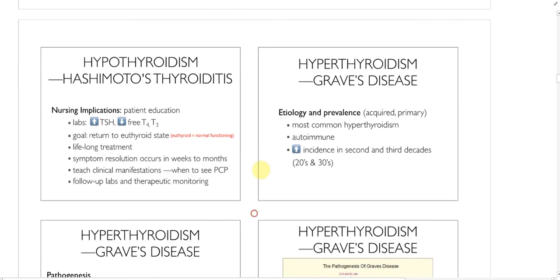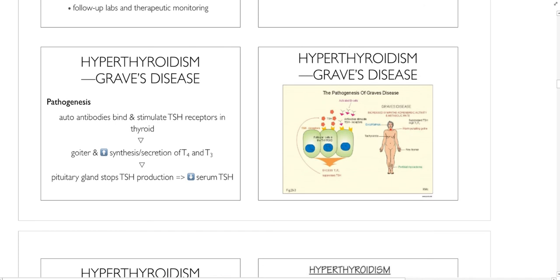Down here we've got the autoantibodies binding and stimulating TSH receptors, and so when those receptors are stimulated, they're going to end up releasing a lot of T3 and T4. And then the thyroid gland is going to hypertrophy because, like any kind of a muscle, for example, that is used regularly, it's going to increase in size in order to take care of its business.